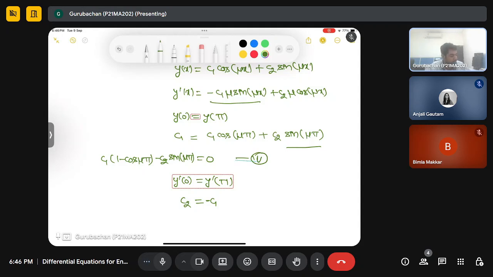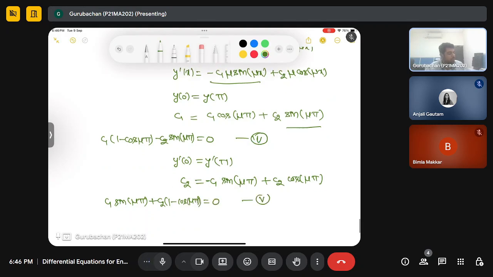I'm directly writing c1 sin mu pi plus c2 cos mu pi. Okay, so this will give you c1 sin mu pi plus c2 into 1 minus cos mu pi. So this will be 0. So this is your equation number 5.